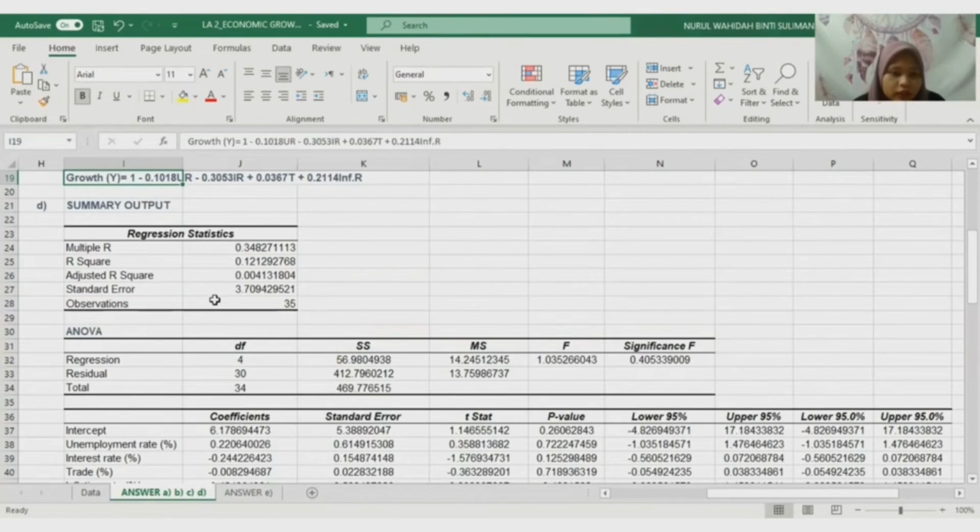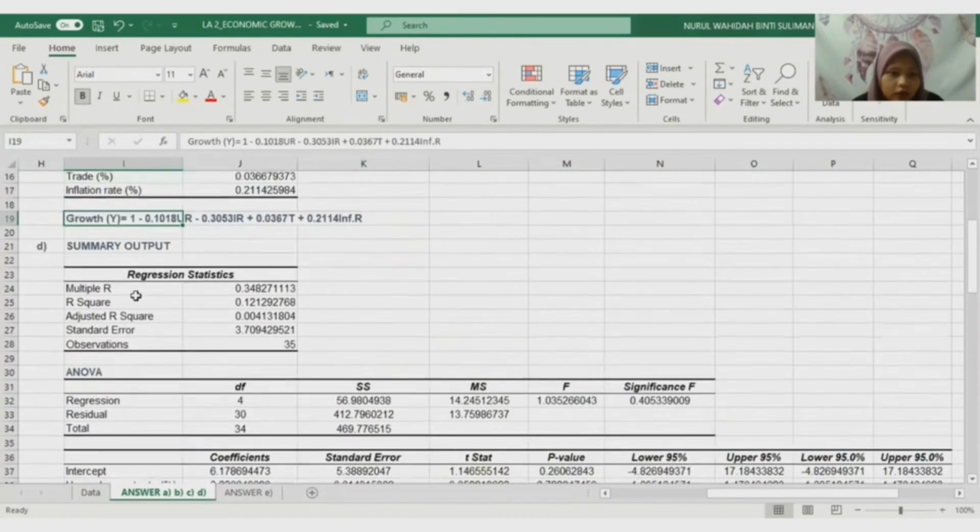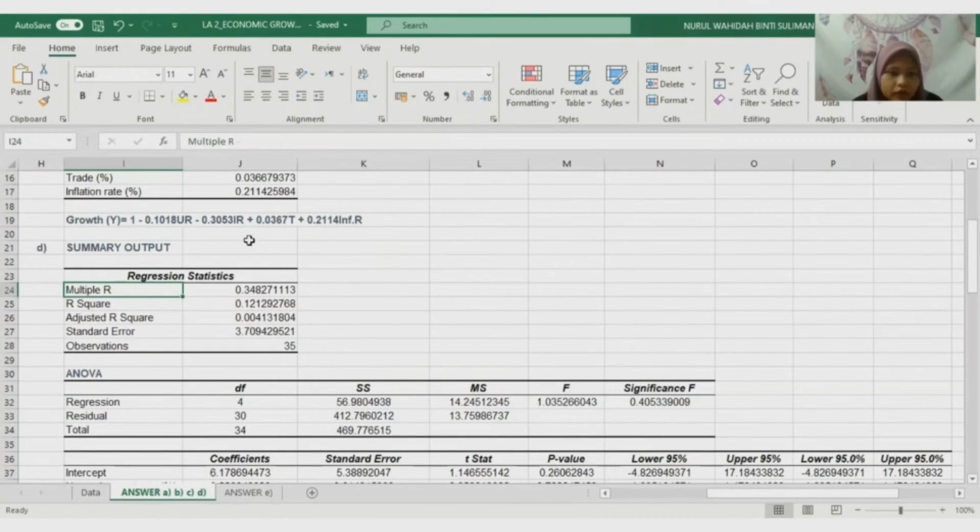And for question D, this is the regression analysis. From this, we can see that the multiple R is 0.34, 0.82, which is below 0, so it indicates a negative correlation for multiple R. And for the R square, there is 0.12.